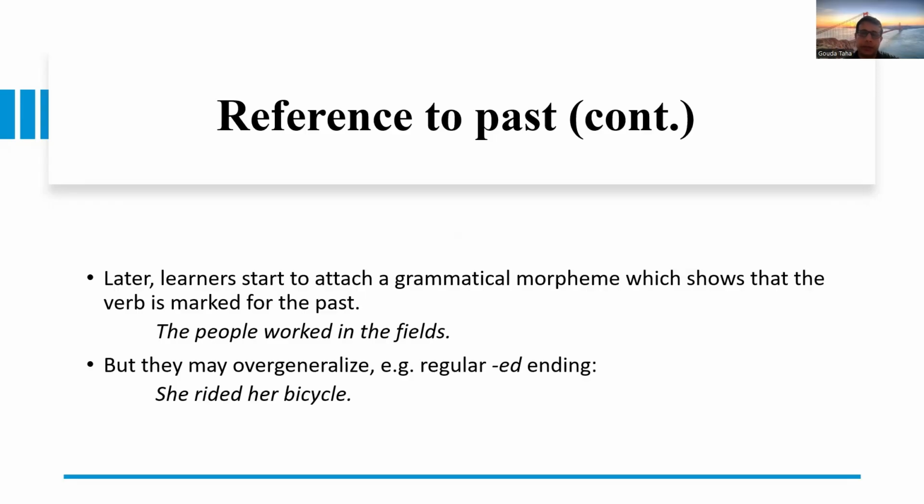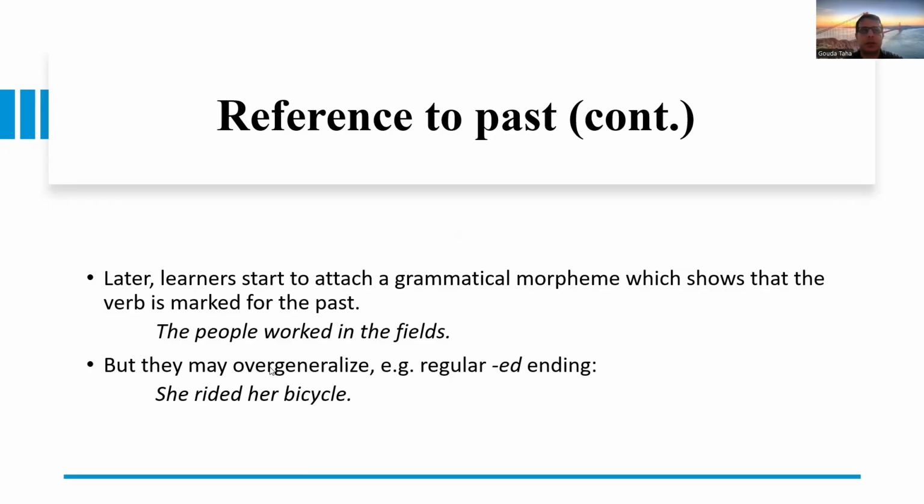Later in their developmental stages, they might start to attach a grammatical morpheme which shows that the verb is marked for the past. So you might see the -ed or the past participle or the -en, like taken or talked. Like in this example, "the people worked in the field."